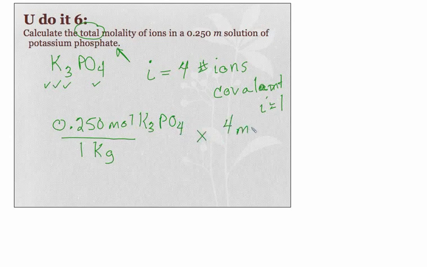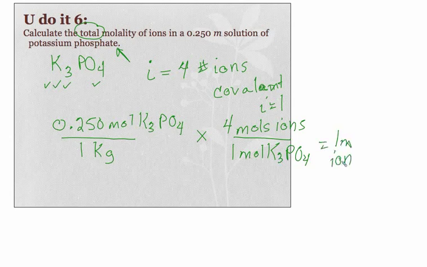And we're going to multiply that by the fact that there will be 4 moles of ions, because it said total ions, per 1 mole of the K3PO4. And we'd get a 1 molal solution of our ions. Our next video will move into mole fraction.